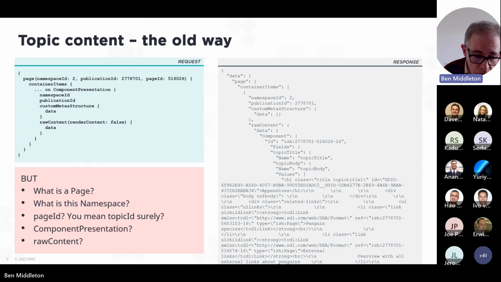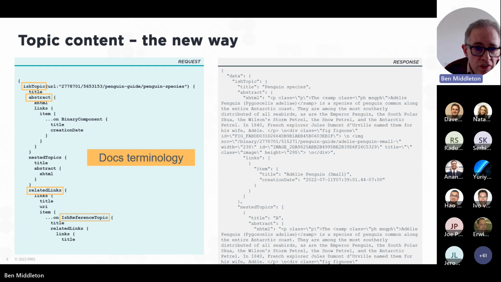So the goal really was to make it much easier for users to interact with our content API using familiar terms for Docs customers. So this is an example of such a query that we've introduced in the new DXD 12 release coming with Docs 15. You can see we've introduced some new root queries that are specific to Docs concepts.